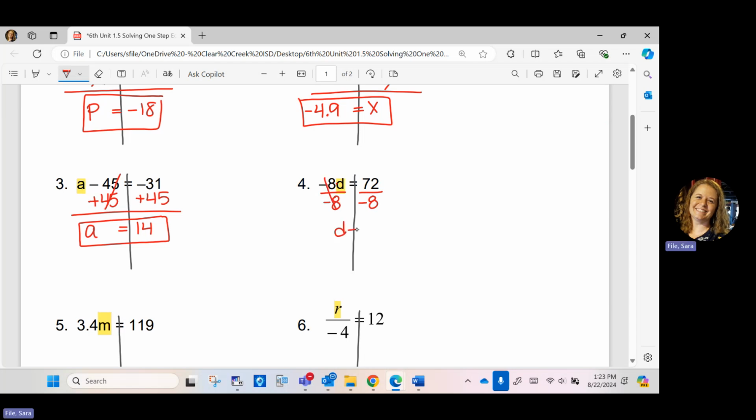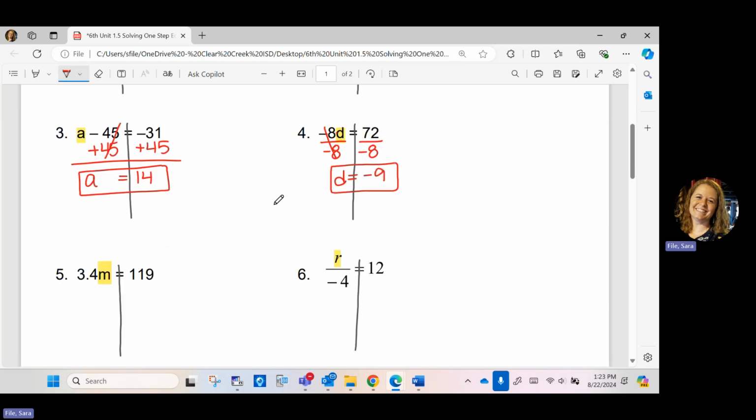So we isolated the D. Then in your 4-function calculator, you can't type -8, so you can type 72 divided by 8, and you get 9. You need to know that a positive divided by a negative is a negative. So this is -9. You've got to know your signs.